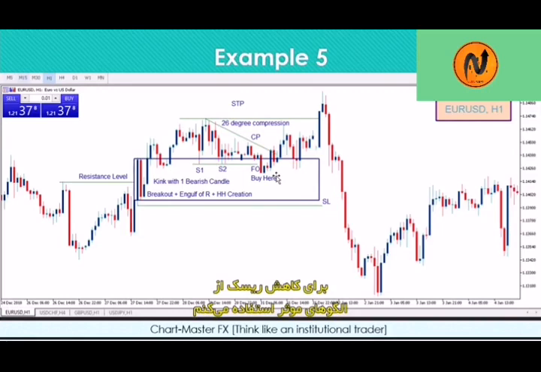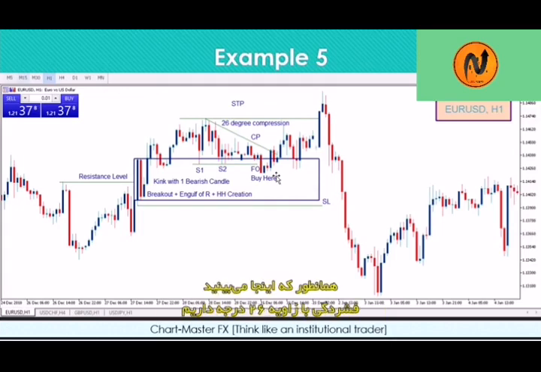Then I look for an impactful pattern to lower my risk. It is important, guys, that before you trade any setup, what you need to think is your risk. Think about your risk first before thinking about the profit that you may be able to benefit from that trade.